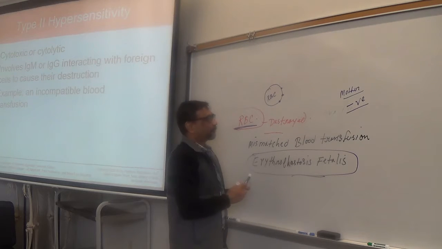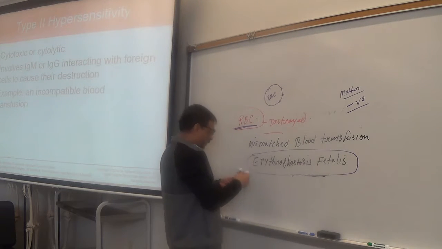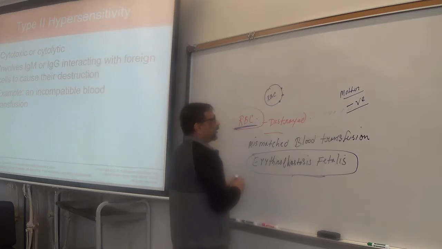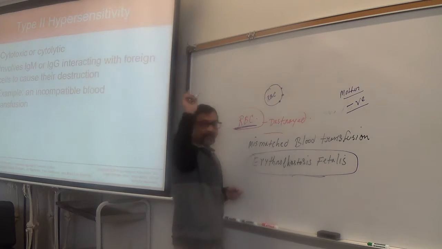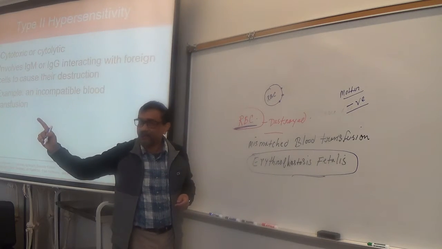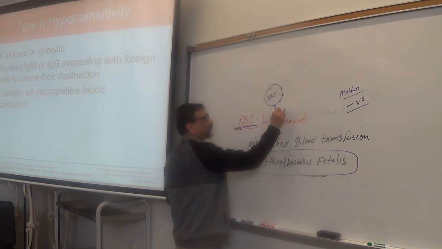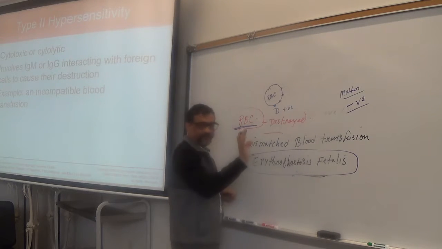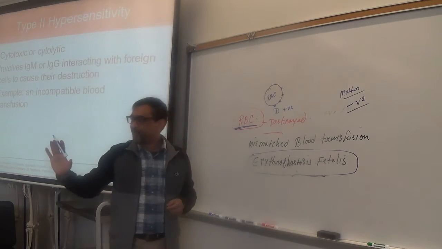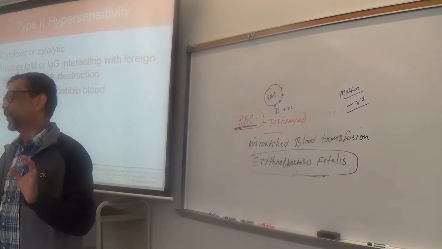Now, another antigen that is called D, that determines positive or negative blood. Okay, so if D antigen is present, that means blood type is positive. If D is absent, blood type is what? Negative.